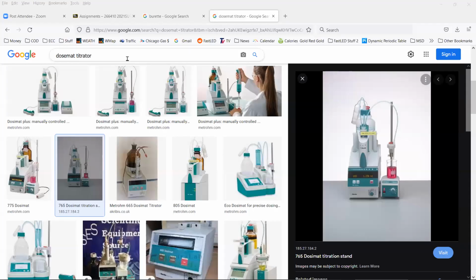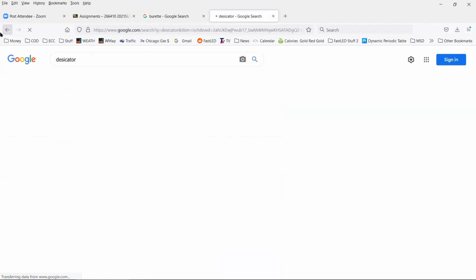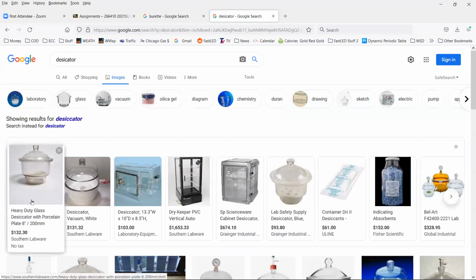Let's see if I can find a picture of a desiccator real quick. And I did.